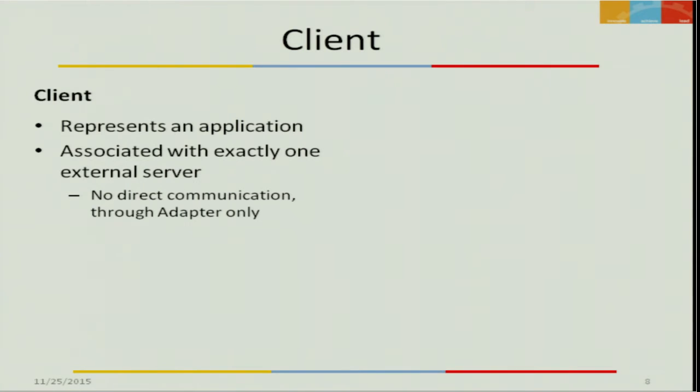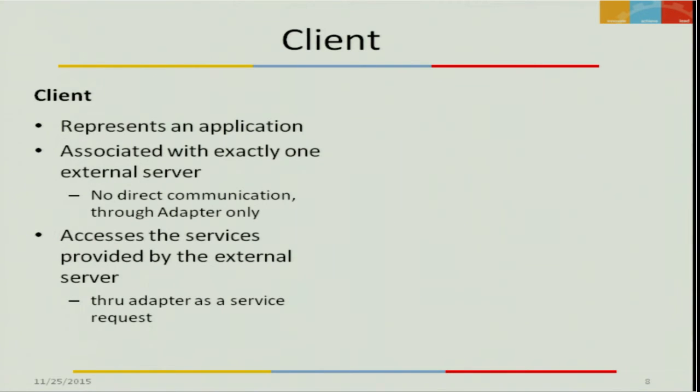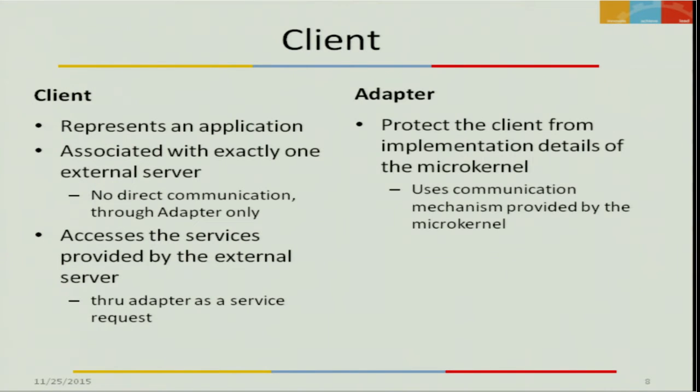The microkernel, in response to the communication, finds the appropriate external server handle and returns the address of the external server to the adapter. The adapter then makes typically an RPC call, a remote procedure call, to the external server. The external server in turn executes the service and sends the result back to the adapter, and the adapter then sends the result back to the client.